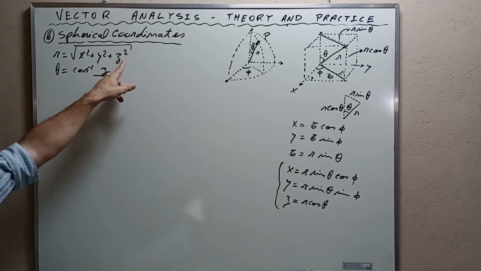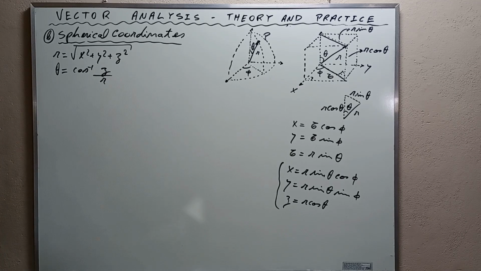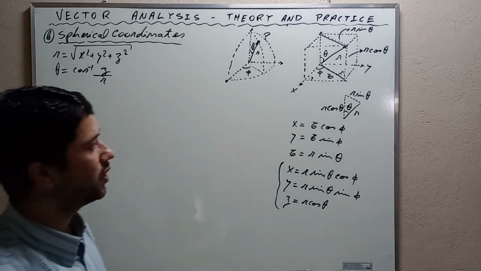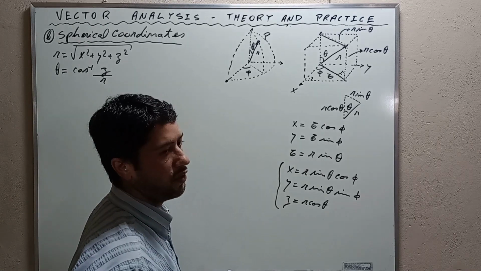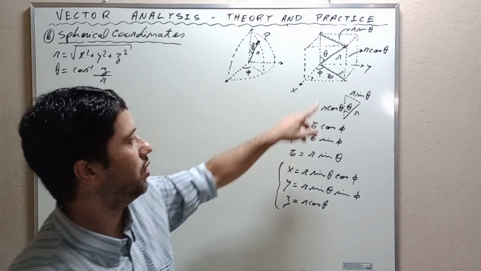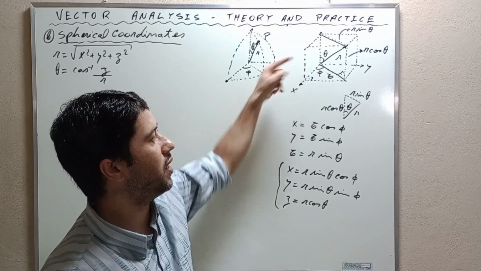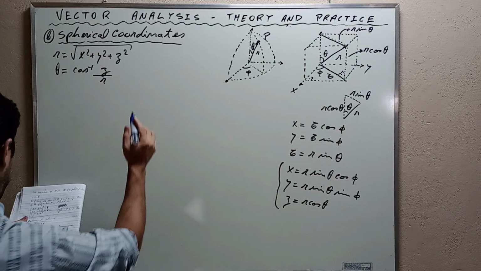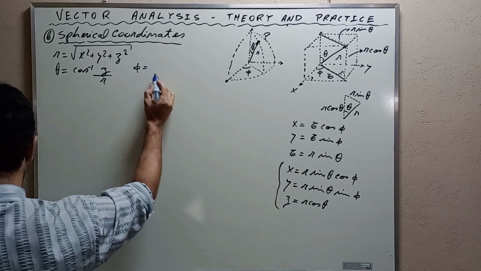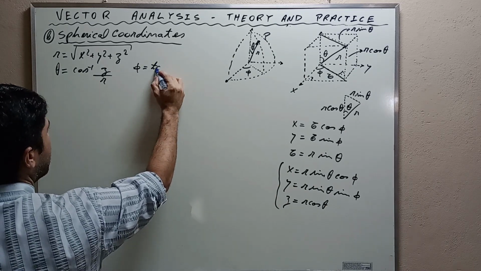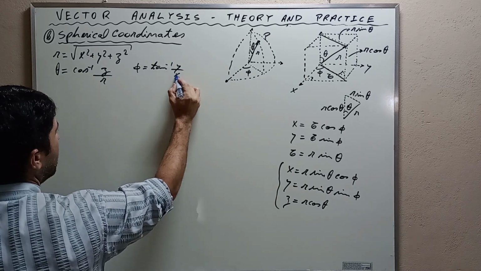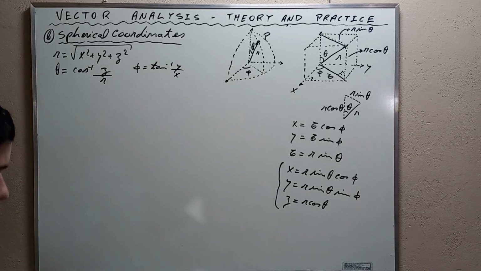In the place of r, you simply put this. And how about phi? Phi we know. Phi is the angle whose tangent is y divided by x. And in this way, phi is equal to the inverse tangent y over x. And in this way, we convert from Cartesian to spherical and from spherical to Cartesian coordinates.